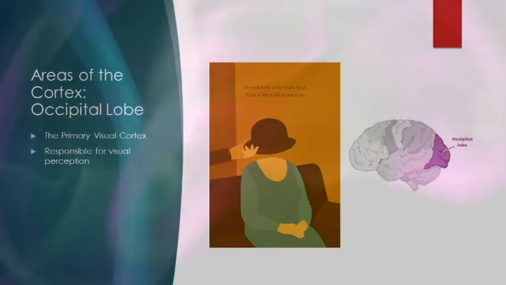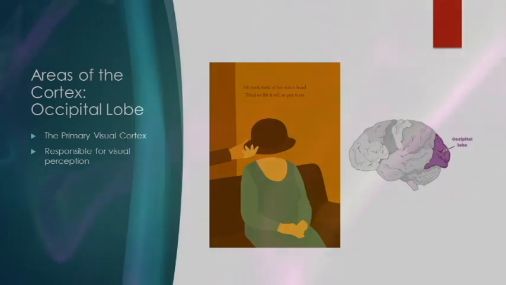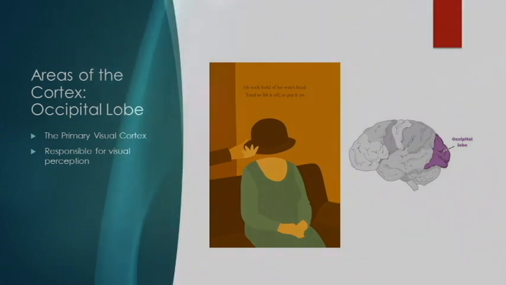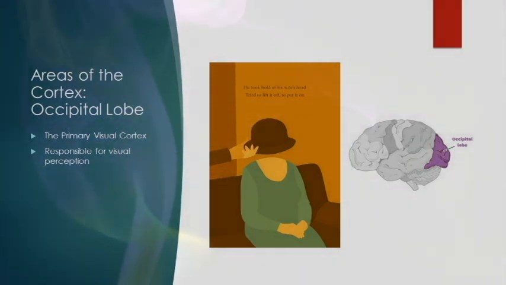And so V1 processes basic visual features like edges and lines and orientation of objects. And so neurons here are organized in a way that creates a visual map of the world, and this is called retinotopic mapping on the brain.